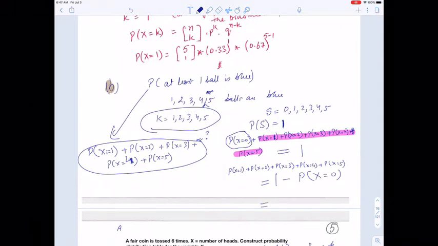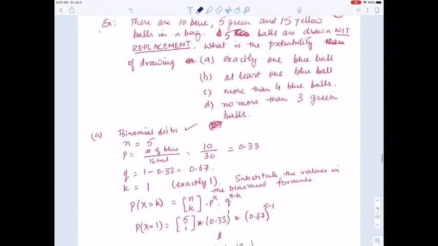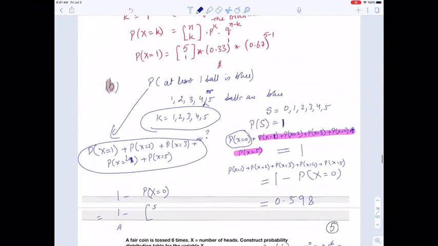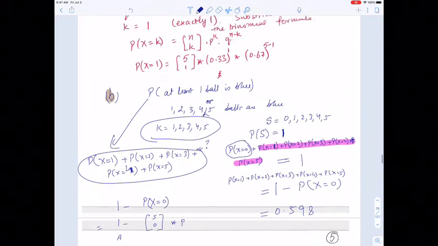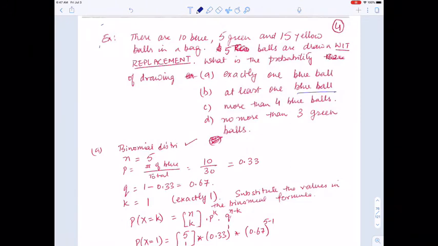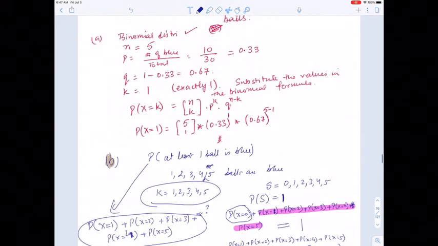So you can calculate the probability of X=0 and subtract that from 1. I'm not sure if I'm right, but I'm getting 0.598. So what I did, 1 minus probability X=0, which is 1 minus, using the binomial formula, n is 5, choose 0, times probability of blue ball is 10 over 30.